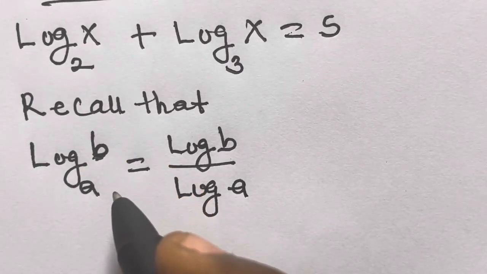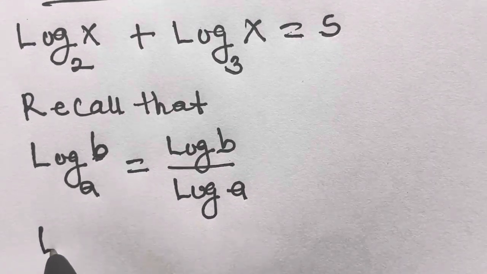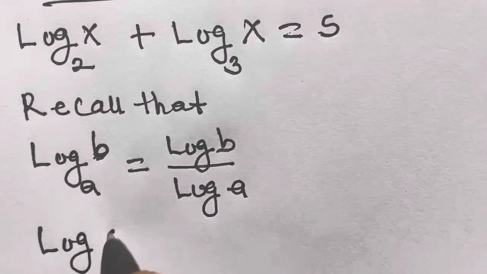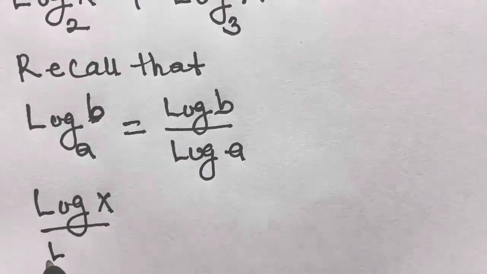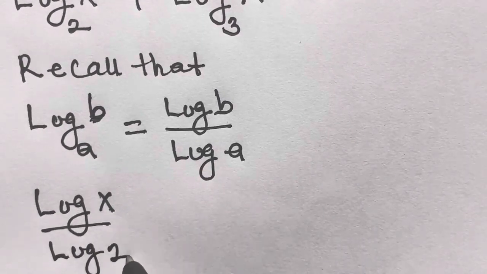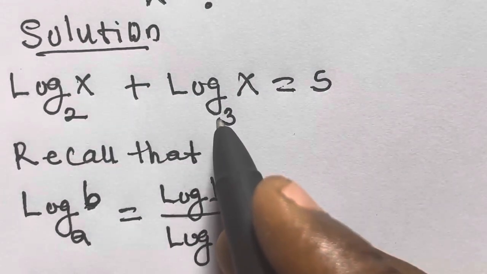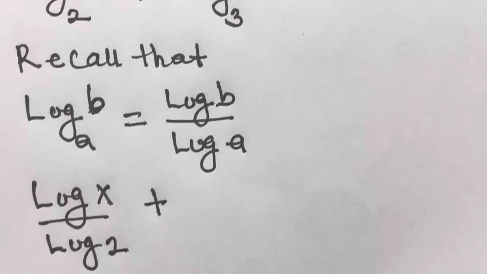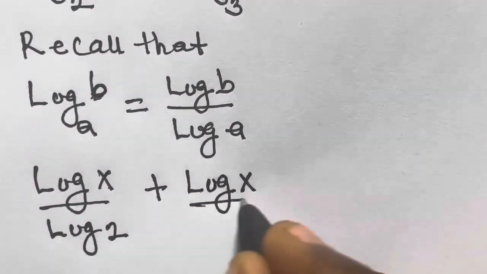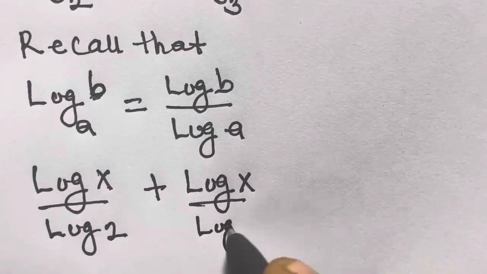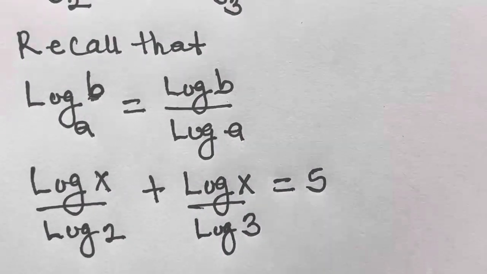So the above expression will now become log x divided by log 2, plus log x divided by log 3, equals 5.